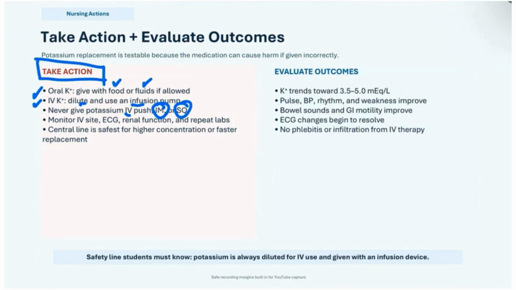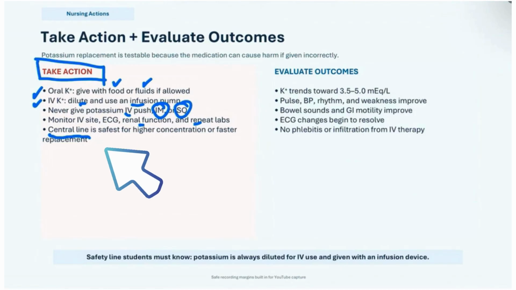Monitor the ECG when indicated, assess renal function, and repeat potassium levels according to the treatment plan. If higher concentrations or more rapid potassium replacement are required, a central venous access or central line may be used according to the prescribed regimen and facility policy.